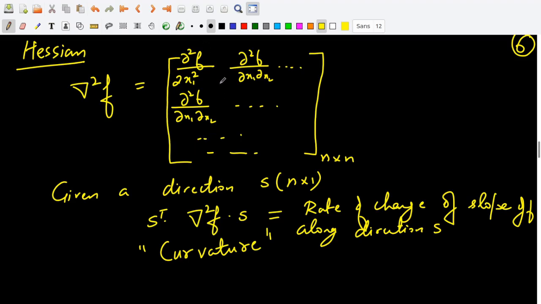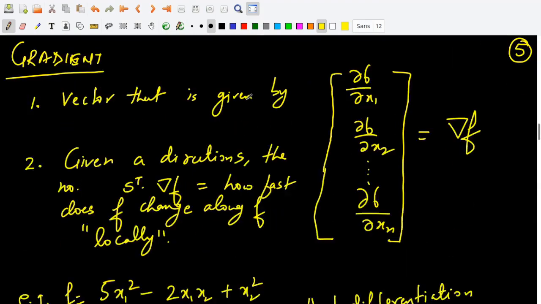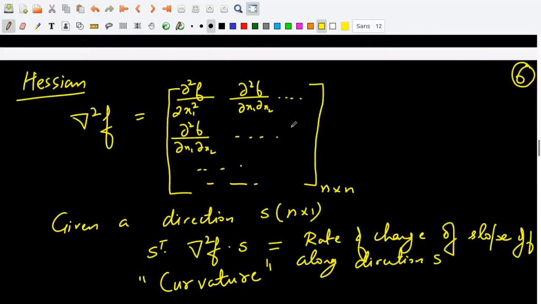That means you just apply gradient again on this whole vector rather than on a function, and you will get n columns, one for each entry, and that will be your Hessian.